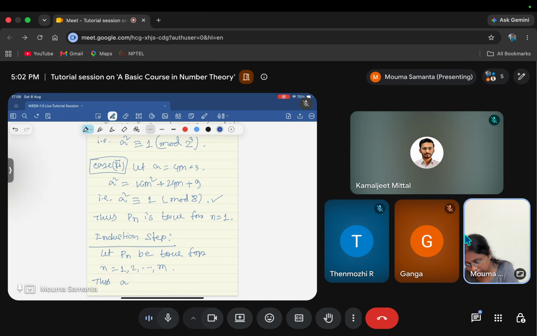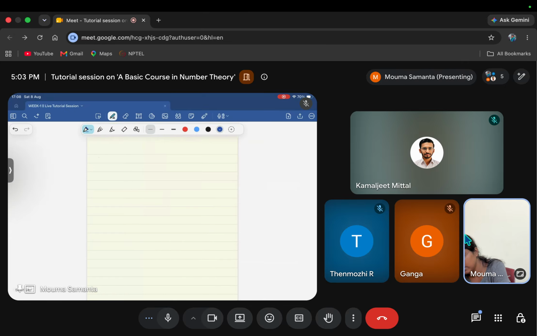A power 2 power m is congruent to 1 mod 2 power m plus 2 since Pm is true. So A power 2 power m is congruent to 1 mod 2 power m plus 2 by the definition.